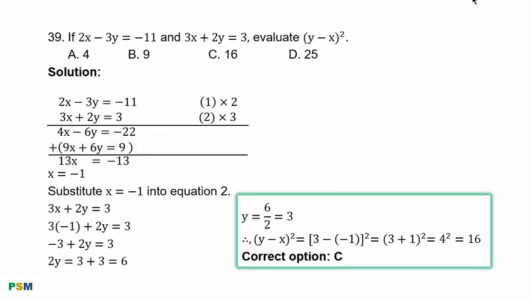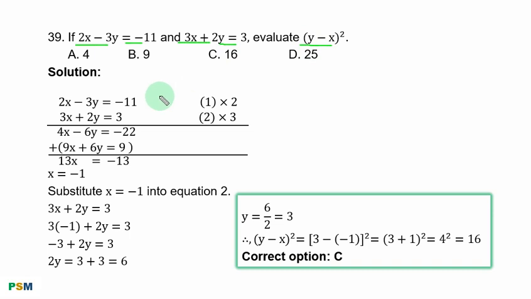Question 39. If 2s minus 3y equal to minus 11 and 3s plus 2y equal to 3, evaluate bracket y minus s bracket close squared. Solution: you simply solve both equations simultaneously.